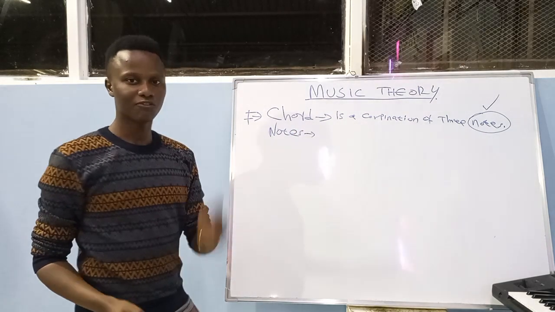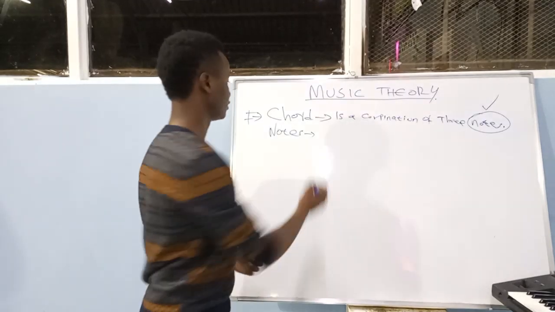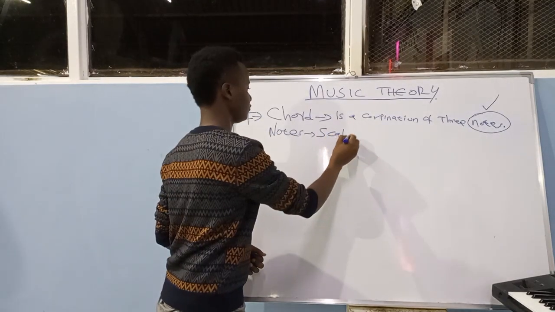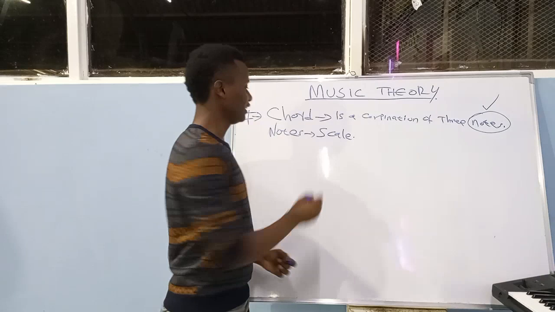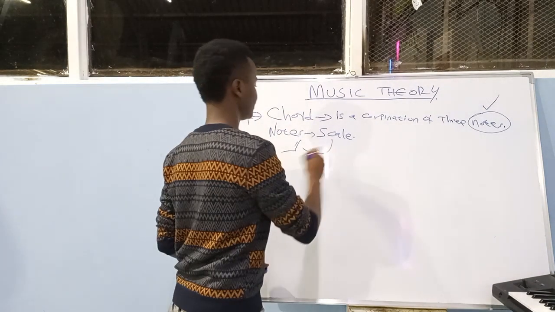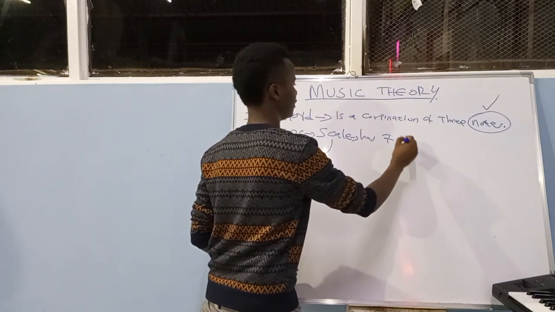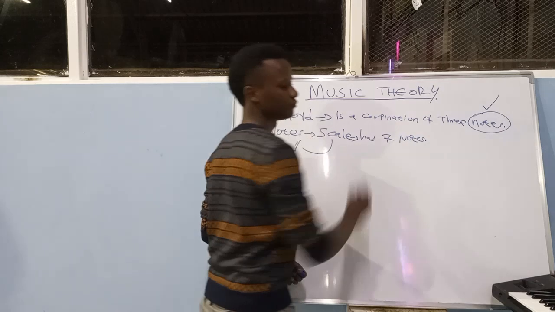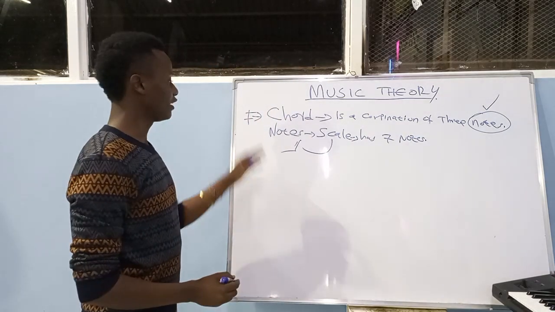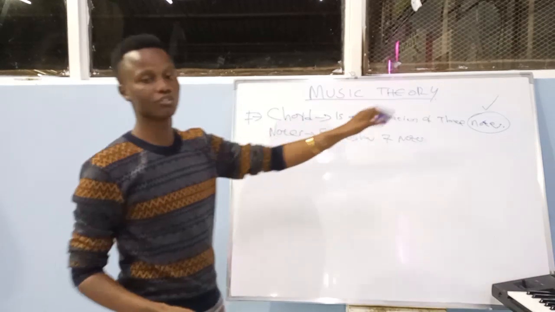The notes come from the terminology we all know, which is called a scale, and a scale has seven notes. We already know the definition of a chord, which is a combination of three notes.